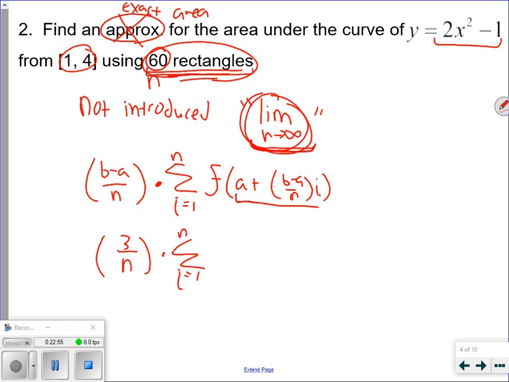And then that becomes f of a was 1, b minus a over n, we already said was 3 over n, i. And remember that f of x is equal to 2x squared minus 1.